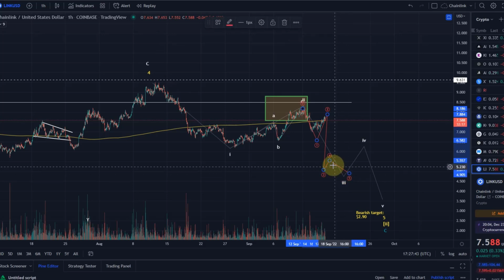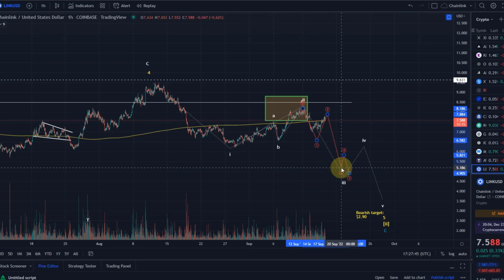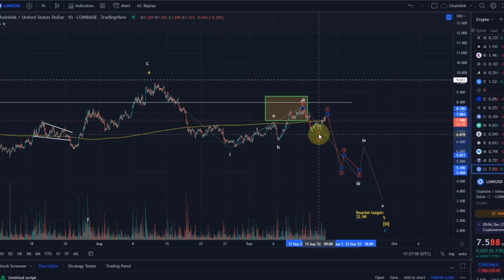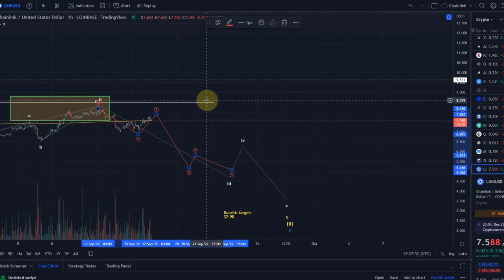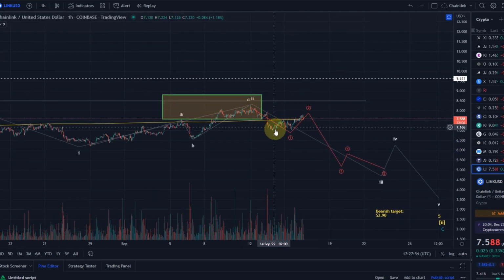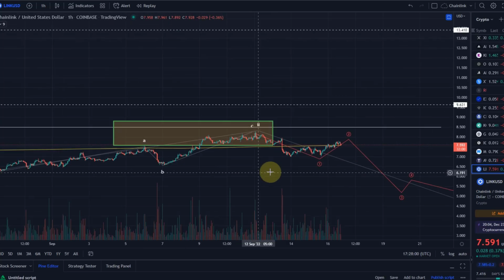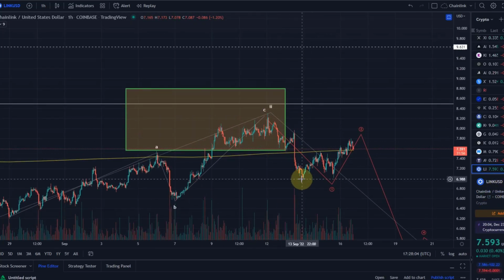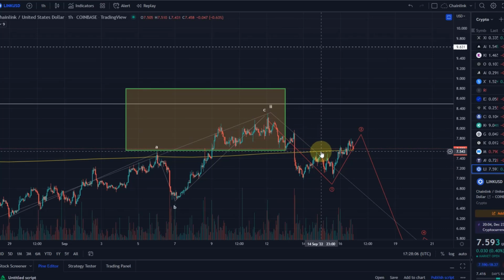Yeah, there are two possibilities though, and they don't really make a great difference, to be honest. In one scenario, because this to the downside, I struggle to count that as 5 waves. For me, that's rather 3 waves. So there's a potential that we say, okay, we moved up here in a 1, 2, 3, 4, moved up in a 4, came down in a truncated 5.